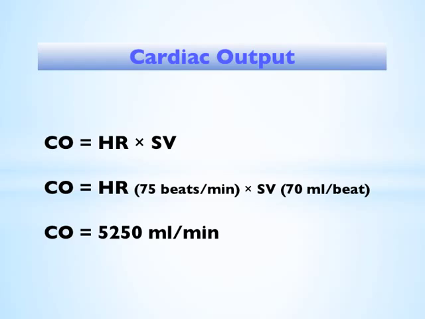The normal heart rate is 75 beats per minute, so this is the resting heart rate. The stroke volume is the volume of blood ejected by the heart in each beat. So cardiac output for a minute is a bit over 5 litres.